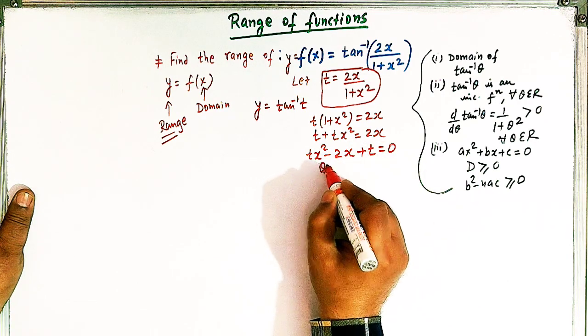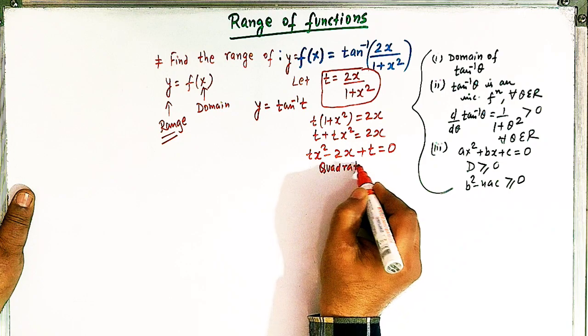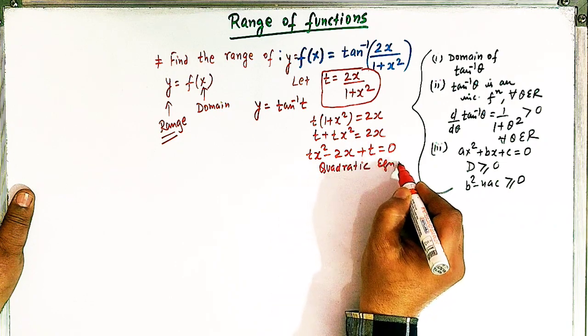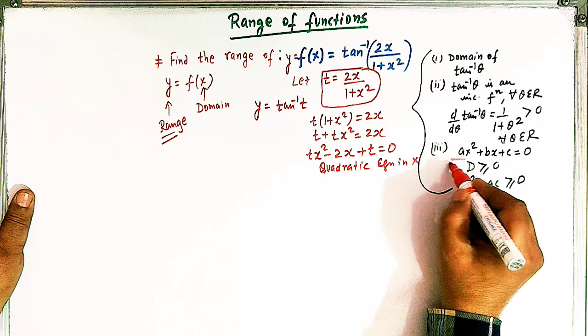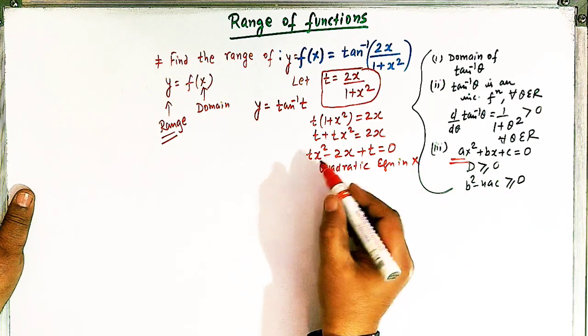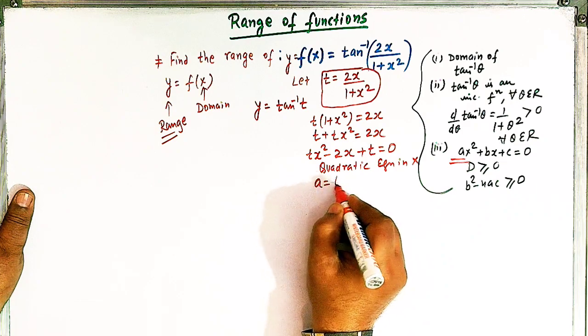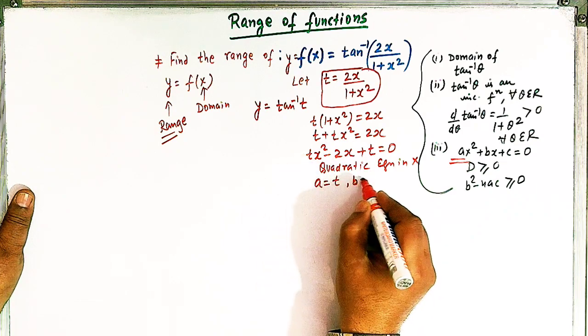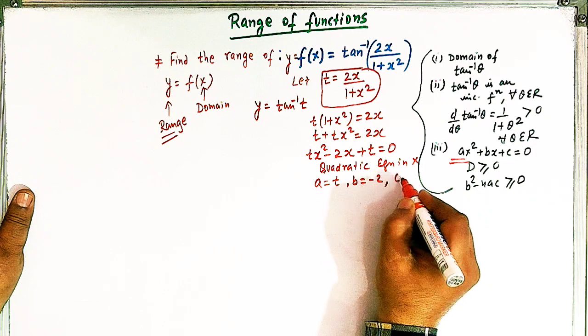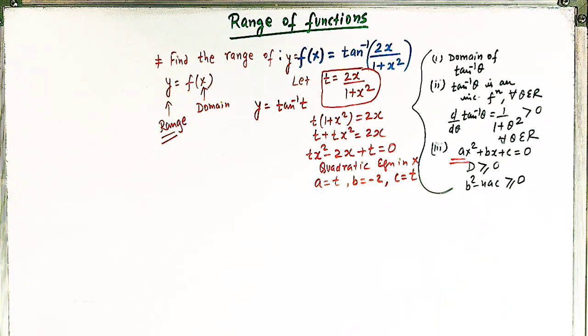So now this is a quadratic equation in x, right? So here we have the equation. So now if we compare the coefficients, then we have a is equal to t, b is equal to minus 2, and c is equal to t.